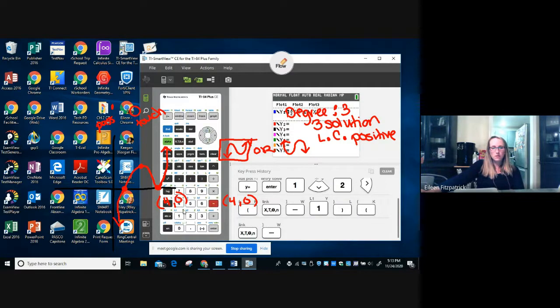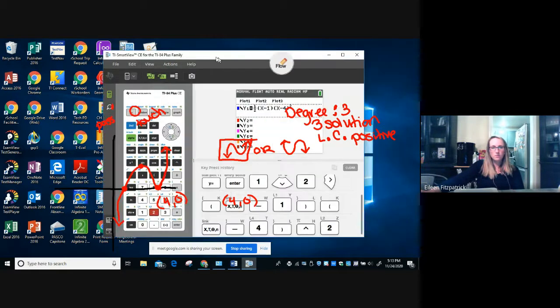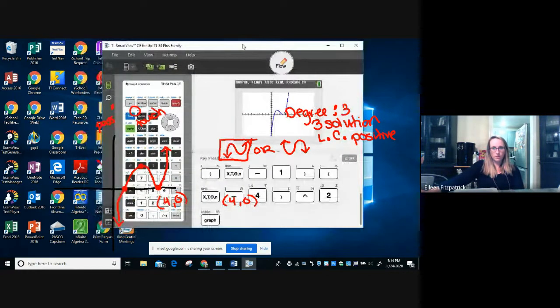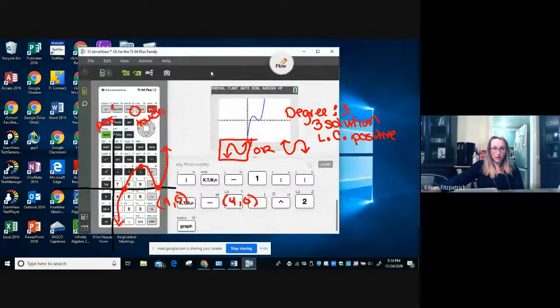There we go. And then I'm going to hit graph. Okay, so it looks similar to what I have, right?